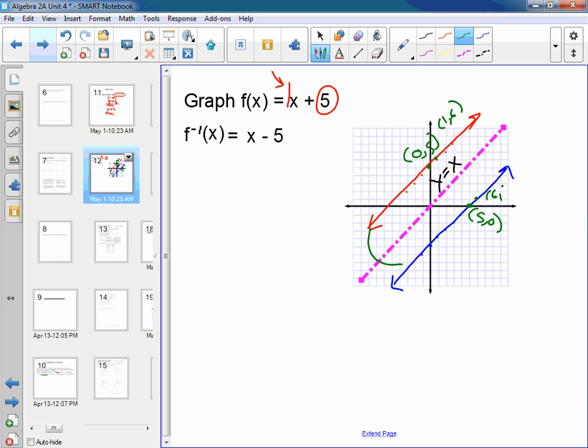So notice if they're inverse functions, then the input and output values are reversed. Kind of cool. And that works not only for lines, but if it's a quadratic equation that shapes a parabola, it'll always be flipped over that y equals x line, and you can always find the inverse by just flipping the points around. All right, so those are some of the key things in this unit.